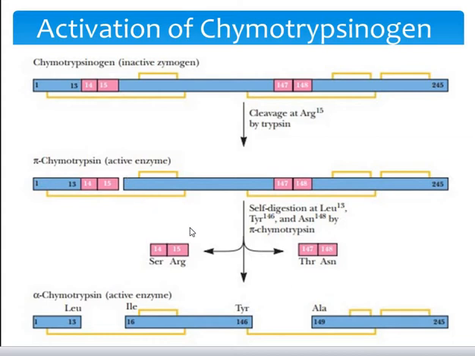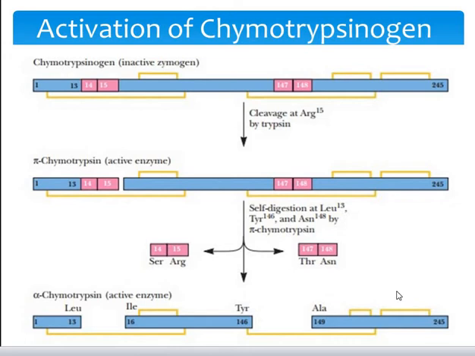A dipeptide is removed from positions 14 and 15 by the action of another molecule of pi-chymotrypsin, producing delta-chymotrypsin. Further chymotrypsin digestion removes a dipeptide from positions 147 and 148 to give the final product, alpha-chymotrypsin, which is an active enzyme.